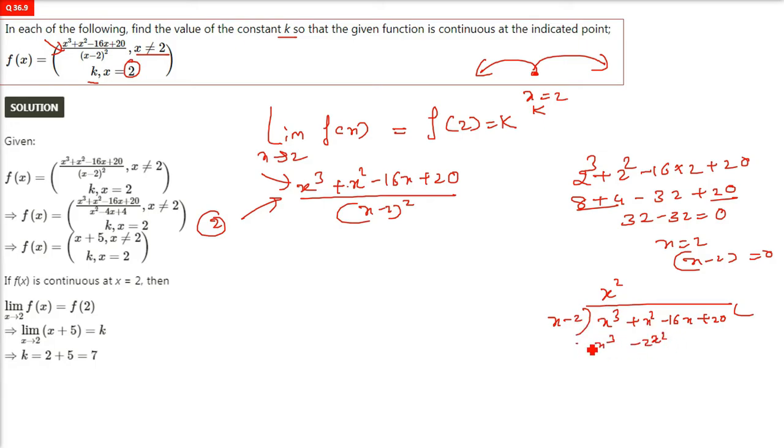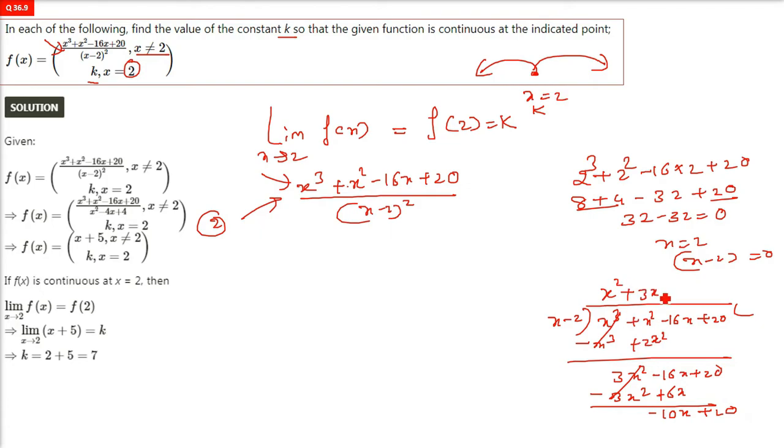Okay, now subtract these, change the sign and subtract. So you get 3x square minus 16x plus 20. Now we need 3x square, so multiply this by 3x, so you get 3x square minus 6x. You change the sign because you're subtracting: minus 16 minus 6 is minus 10x, and you have plus 20, right?